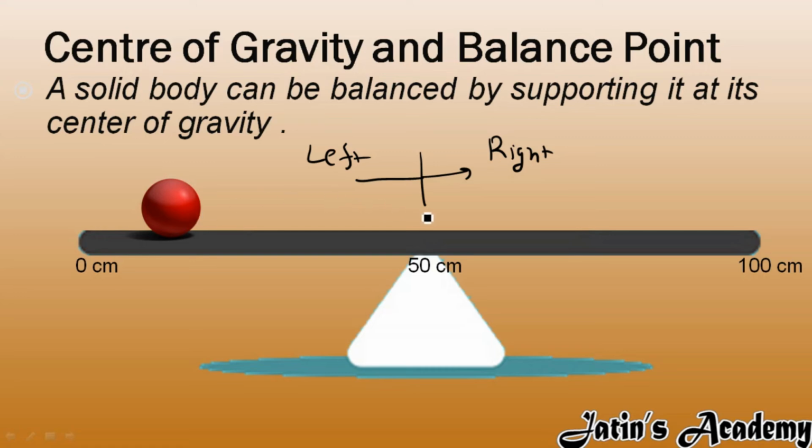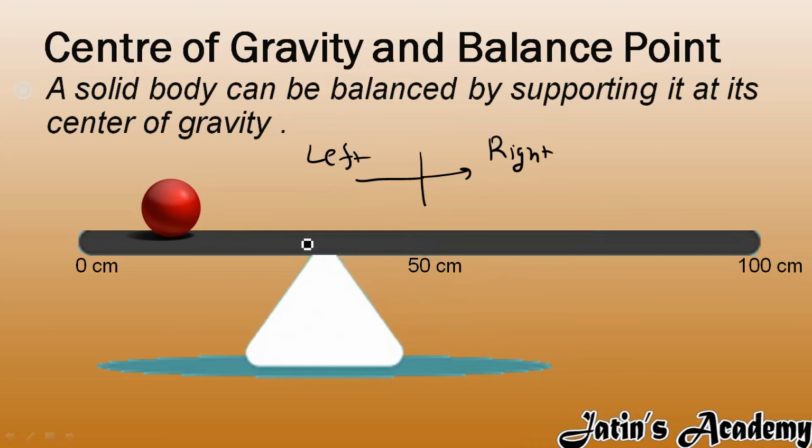So in order to balance this body, the center of gravity goes toward the mass. More is the mass at that point, more is the distribution of mass, so the center of gravity will be attracted toward the greater distribution of mass. So here, the new center of gravity is toward the region where the distribution of mass is more.